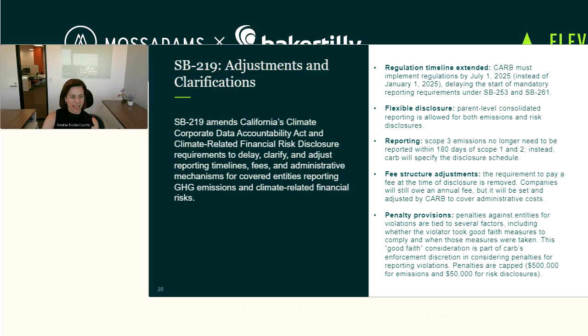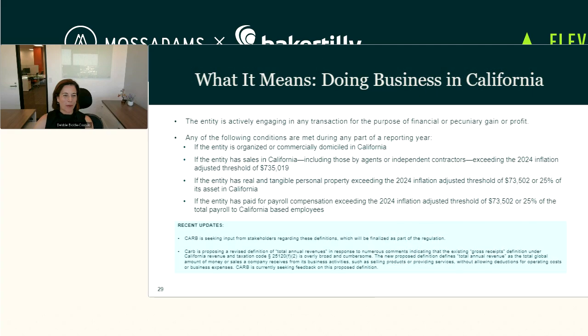They said, to be considered in good faith, a company must do three things: use the greenhouse gas accounting protocol, obtain limited assurance, and pay the filing fee. Those are the three things that they have come out with. As I mentioned before, estimation is an allowable approach where actual data is not available, so that may be something that you need to think through as an organization. Actual data obviously is always better and easier, but it is an option.